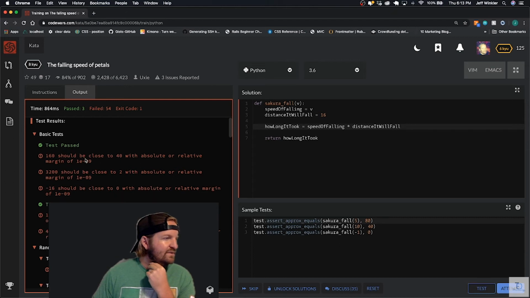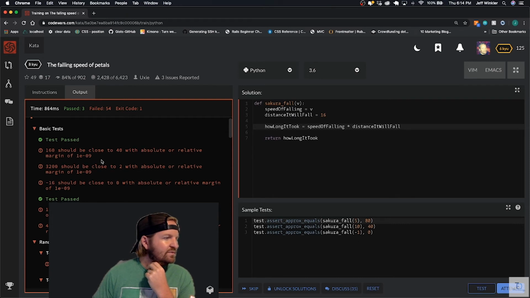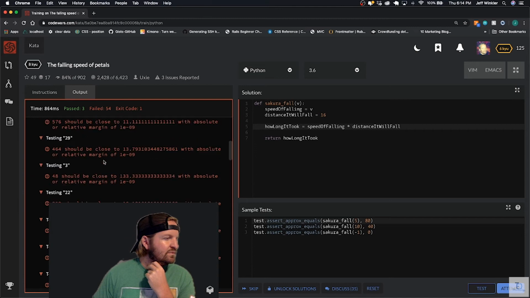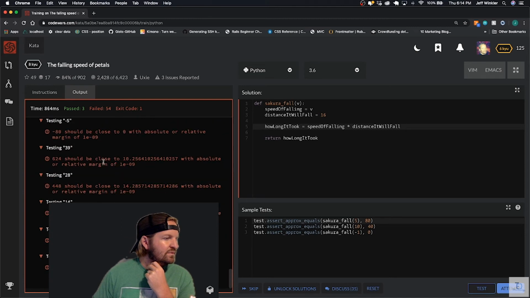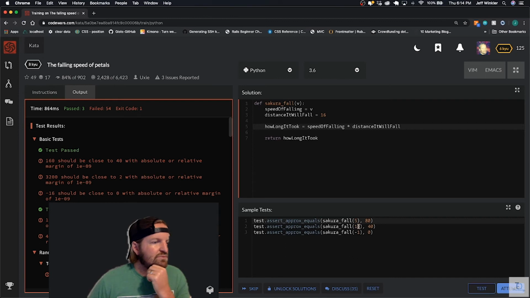Alright, so we passed some of them. 160 should be close to 40. Let's run through these tests. If we enter 10, we do 10 times 16, that's 160, and it's supposed to be 40. So I'm doing that wrong.